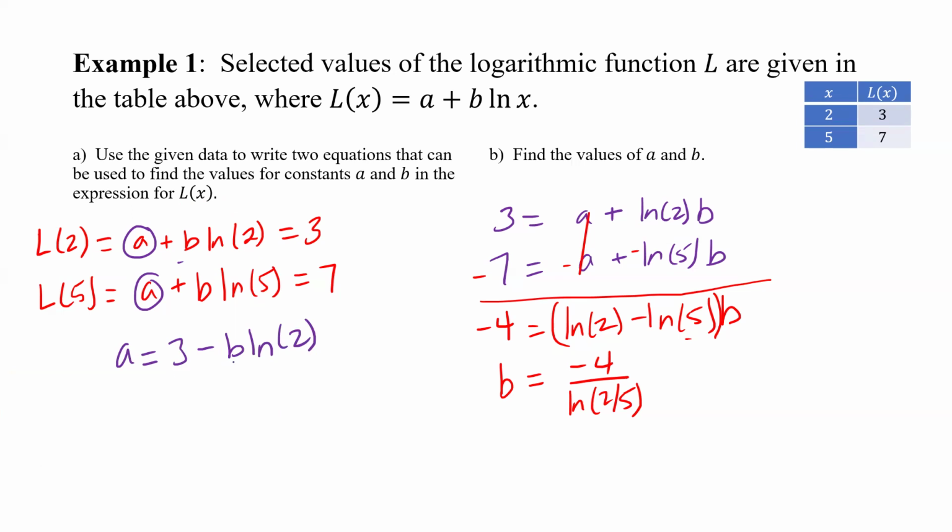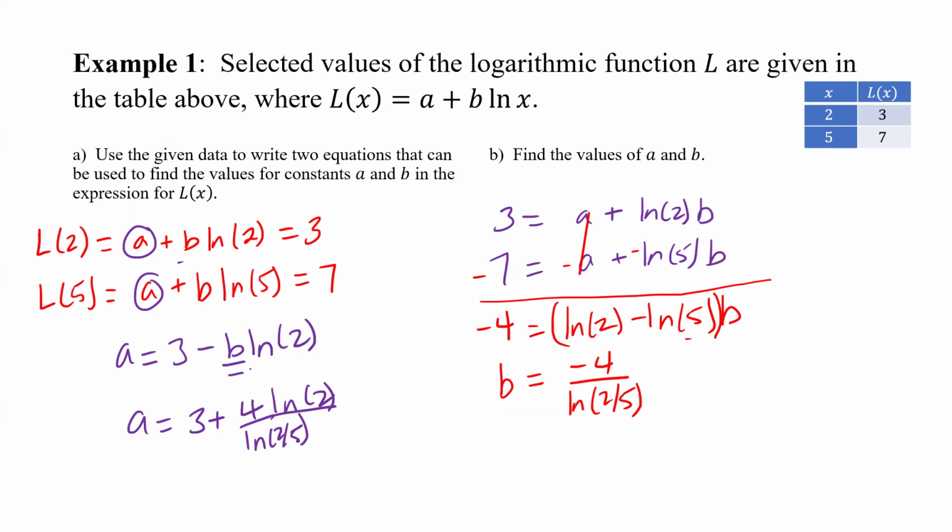The next thing I did was substitute in for B. So we get A equals 3 minus -4, which makes it a +4 natural log of 2/5 times the natural log of 2. Yes? It's over 1 multiplication.